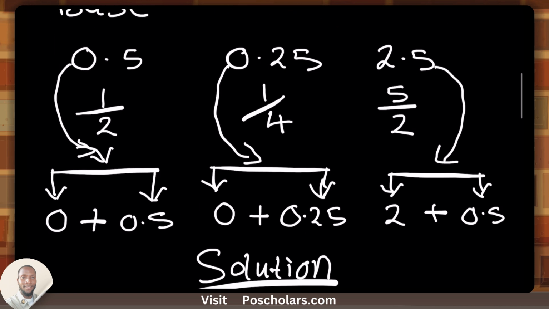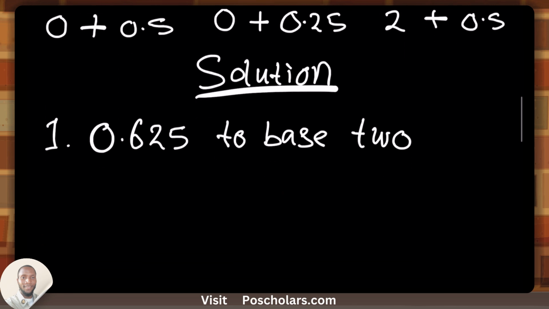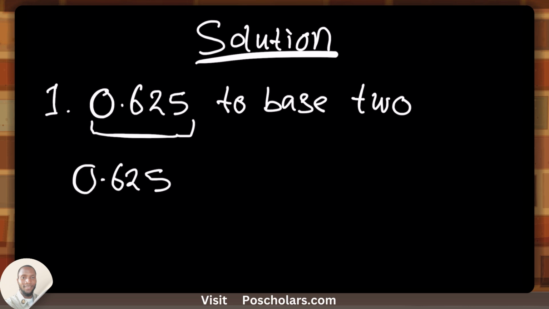The rule says multiply successively the decimal part by the required base. Now that we are dealing with the decimal part, the decimal part for 0.625 is still 0.625. So multiply by the required base. The required base is 2.